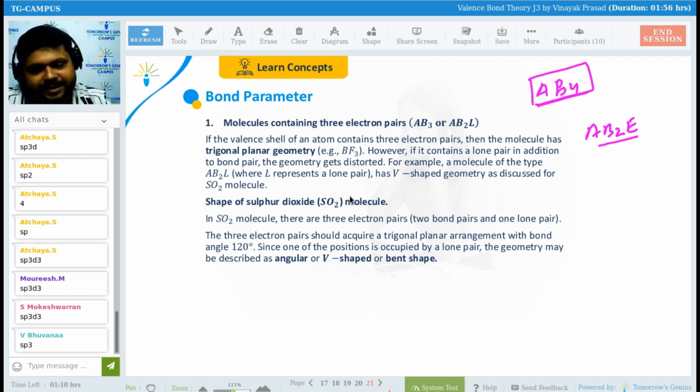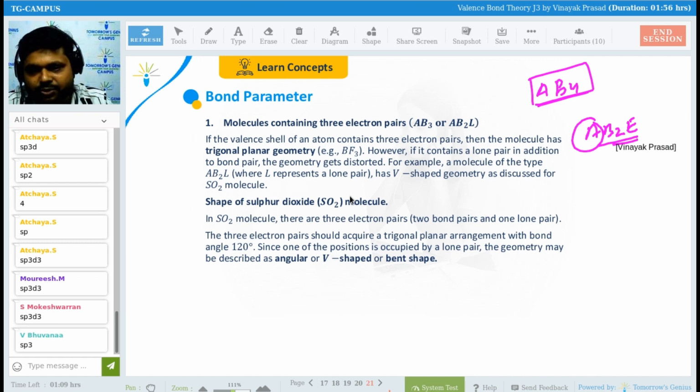Others, what do you say? Is he right or wrong? Pranav is saying SP2 and you are saying SP3. How is this right? See, you have to see here. B2E is there, right? A is the central atom, right? So you don't have to care for this.